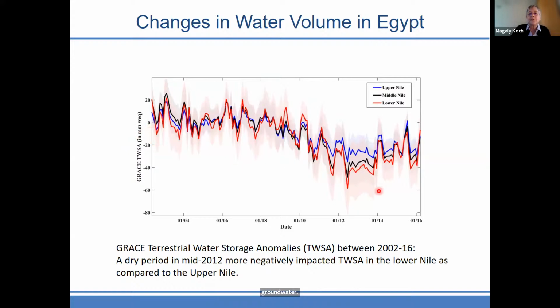And so we did that for the Nile basin in Egypt. We divided it into Upper Nile, Middle Nile, and Lower Nile. And the graph basically shows you the anomaly. If there's no anomaly, it would be around 0, right? And there's always some fluctuation because these are due to seasonality. Some months in a year, there's more water in the soil and in the Nile River, and some months it's lower, right?